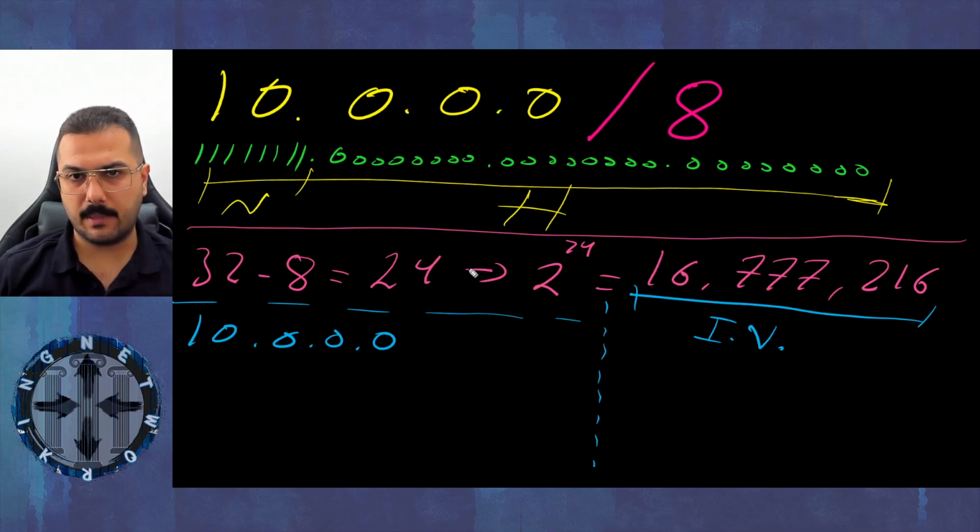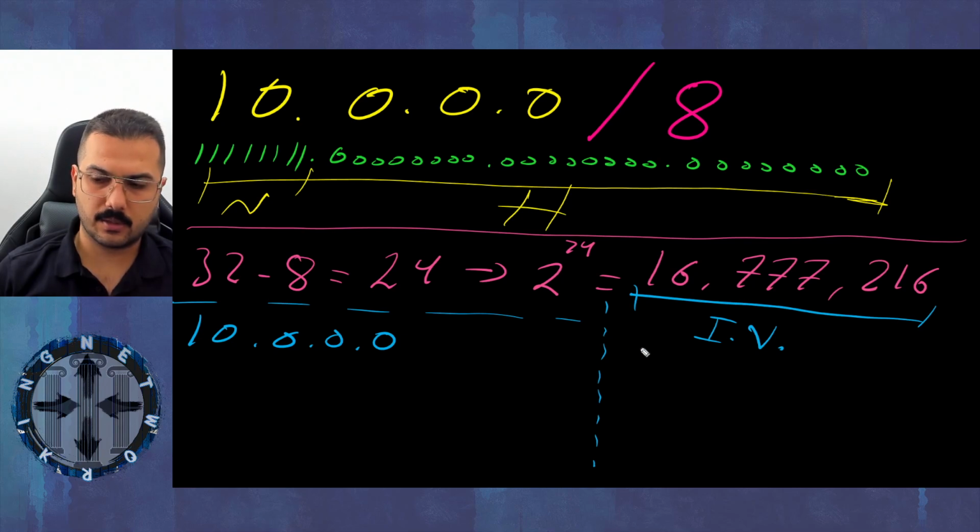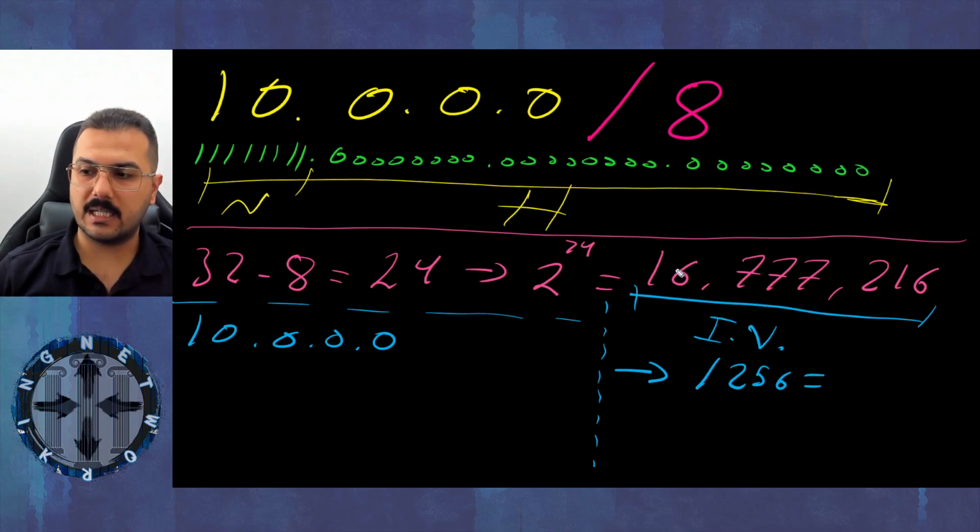Now, before we finish the subject and this part of the course, which is the VLSM part: if the increment value is bigger than or equal to 256, we divide by 256. In the calculator, dividing 16,777,216 by 256 results in 65,536, which is still bigger than 256.